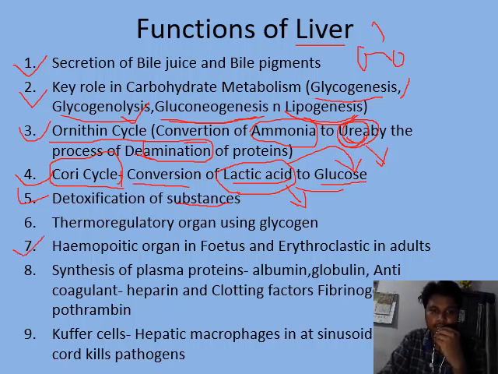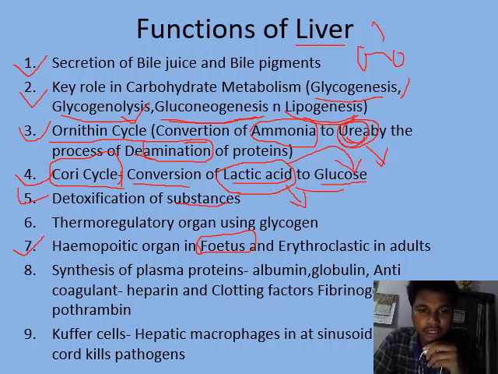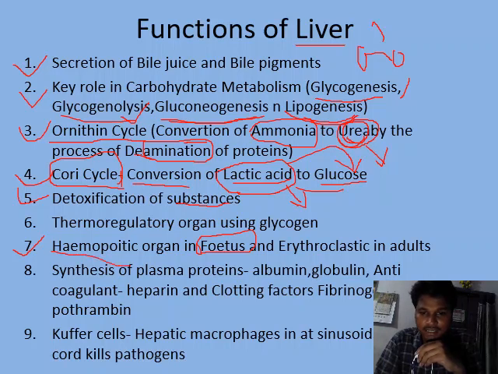And next, it is a hemopoietic organ in the fetus and erythroclastic in adults. That means in the fetus, in the embryonic stage, it produces the blood cells, hence it is called a hemopoietic organ, right? And next, it acts as an erythroclastic organ in adults.